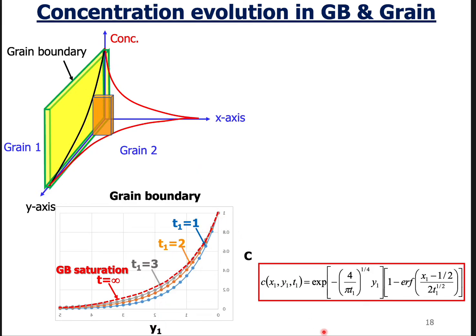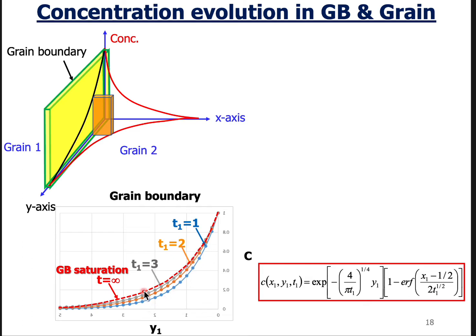So you can observe this is exponential decay. And with increasing time from 1, 2, and 3, and even approaching infinity, you can observe the concentration profile increases only very slightly. This is a tiny increase, so it can be considered as a steady state.